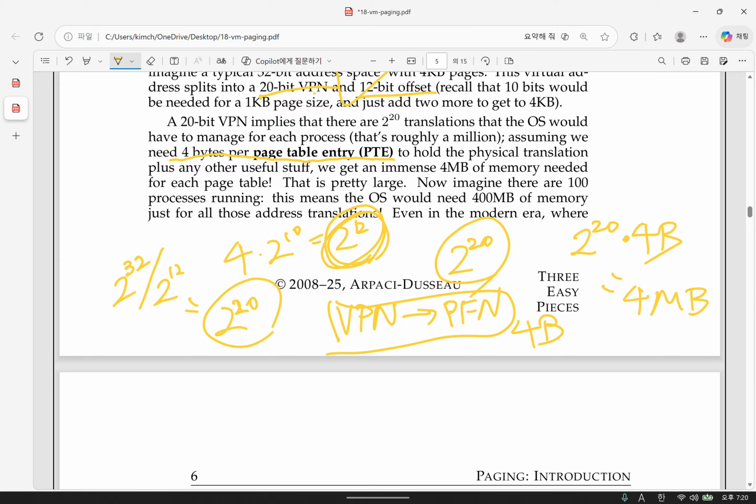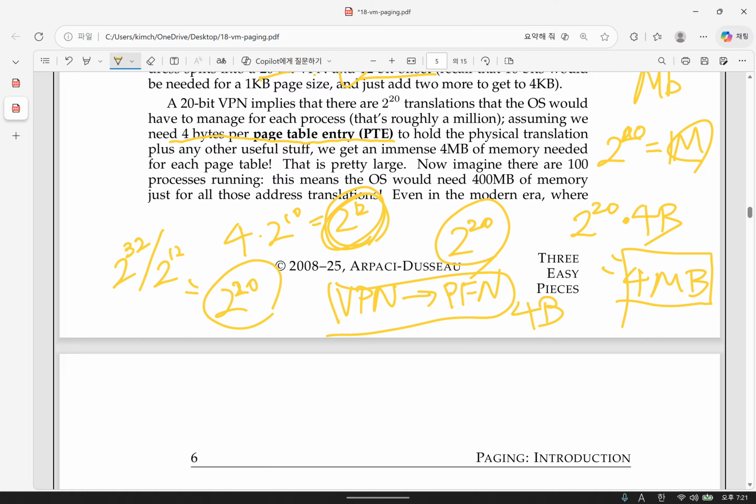Because 2 to the 20 is the definition of 1 mega. In some systems they use MB, but in this book they use mega for 2 to the 20. Anyway, that's 4 megabytes, which is big. That's large.